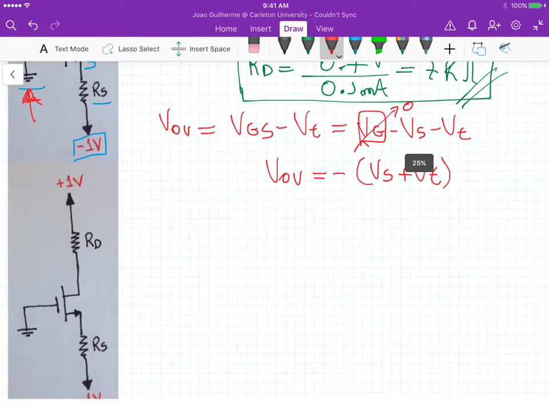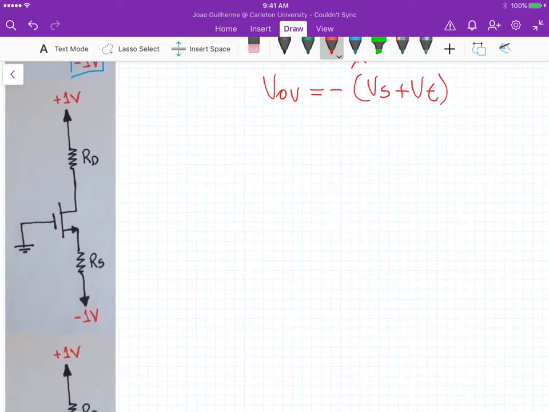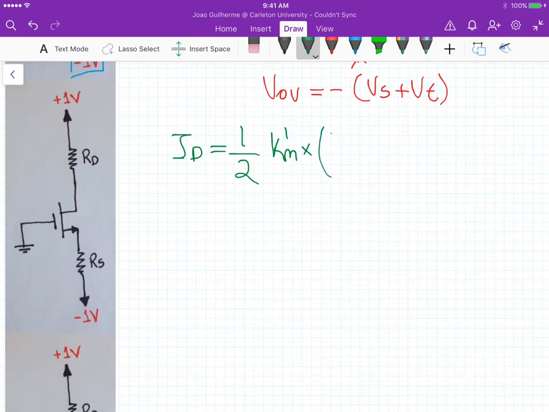Now, how do we calculate the overdrive voltage? Remember that in the saturation region, ID is equal to 1/2 the process transconductance times the aspect ratio times the overdrive voltage squared.